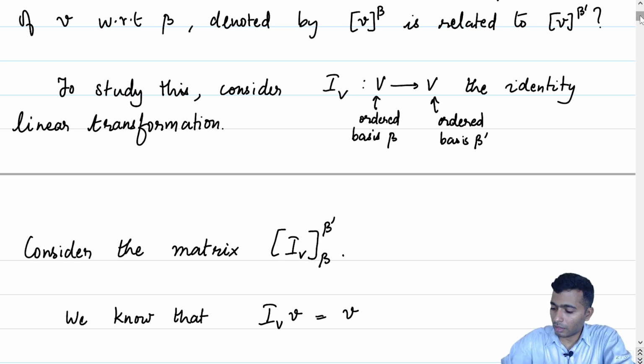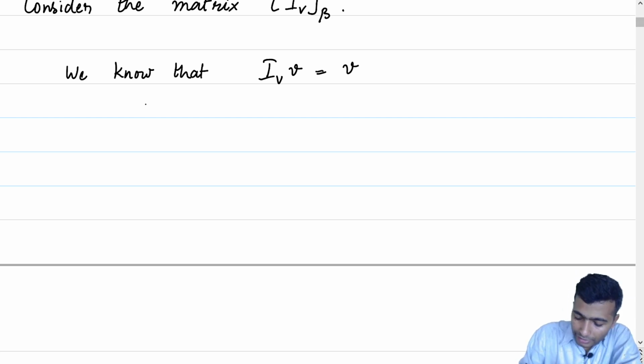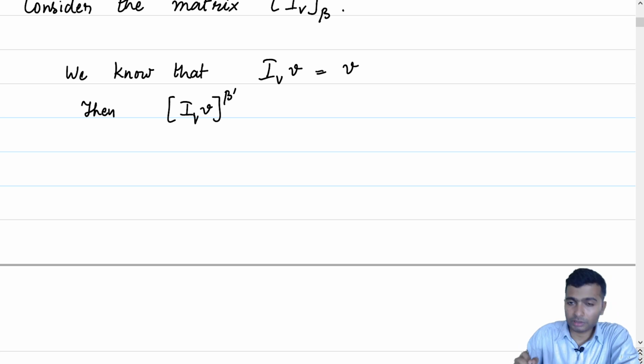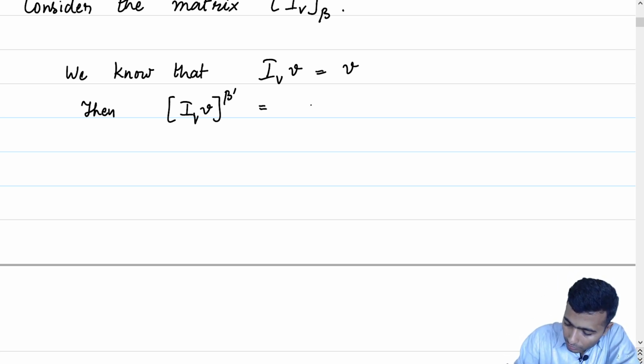Then whatever theory we have developed in the last week tells us that IV of V with respect to beta prime, remember this is in the codomain, is equal to IV beta prime times V beta.